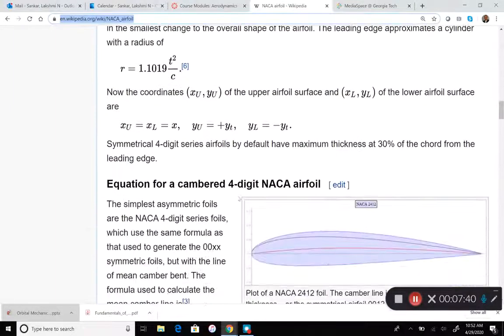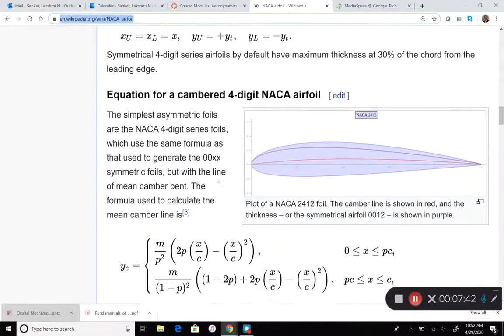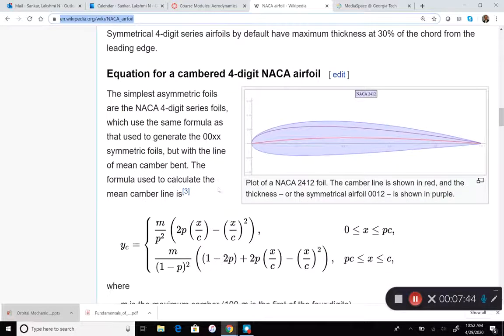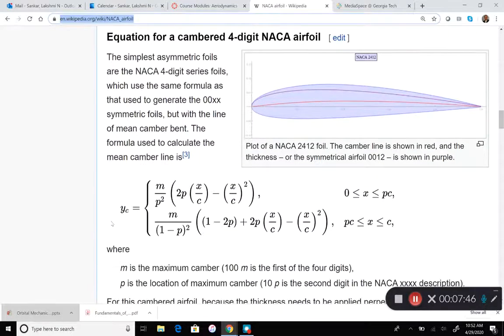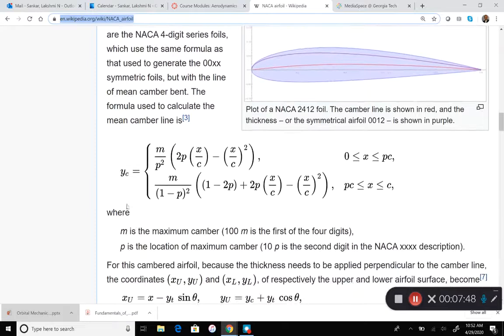Now, for a cambered airfoil, on top of it, you need to add a camber. So depending on the amount of camber and also where the maximum camber occurs, you would use a curve upstream of the maximum camber and then another downstream of the maximum camber. There'll be two locations where you'll use two different equations.